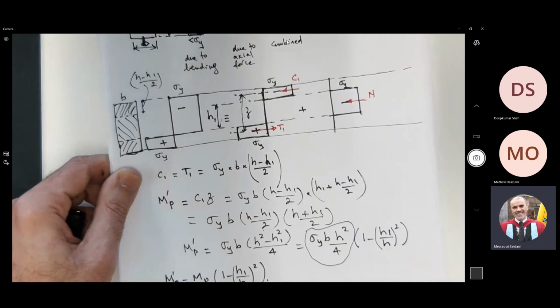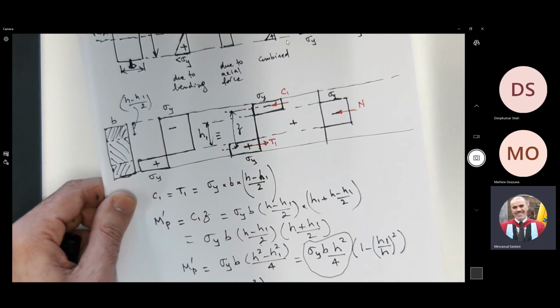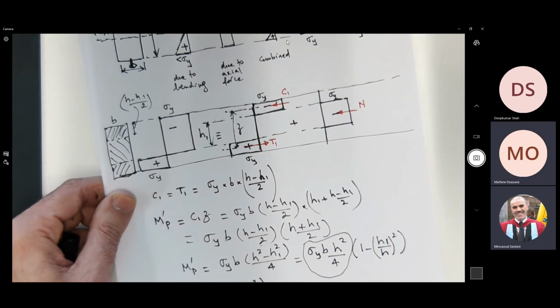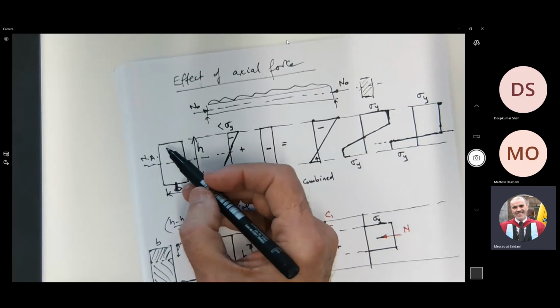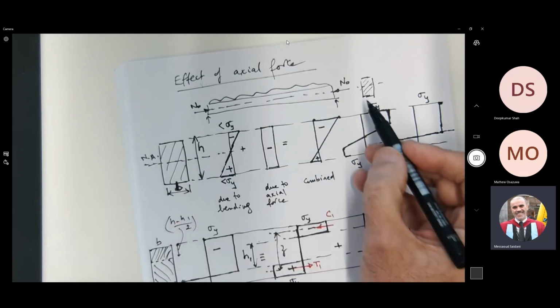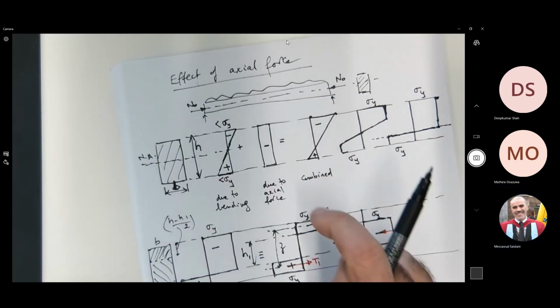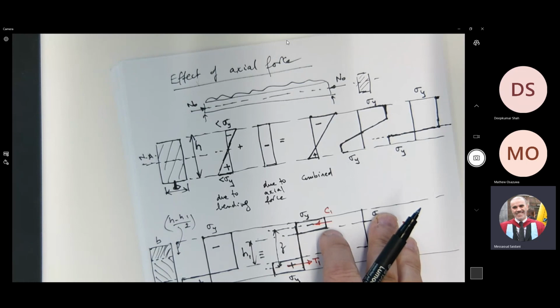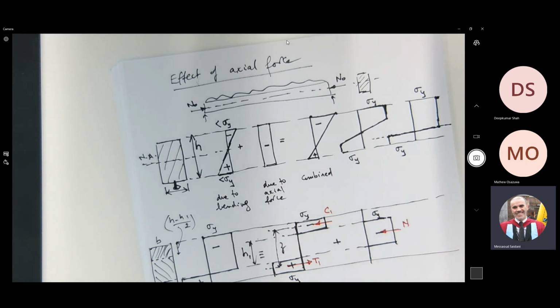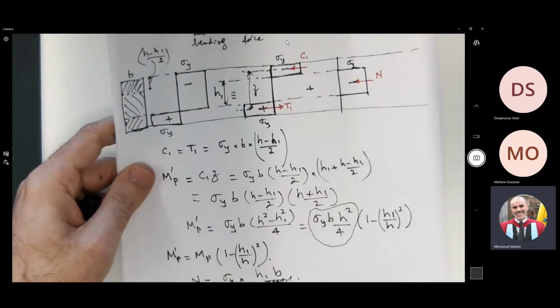Can you explain that again? I said N0 is sigma y times the area BH. BH is the whole section, the axial force applied to the structure on the entire section. Is that clear? And we call it squash load.